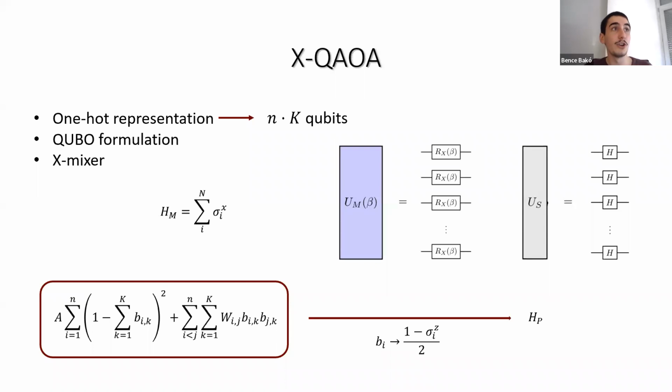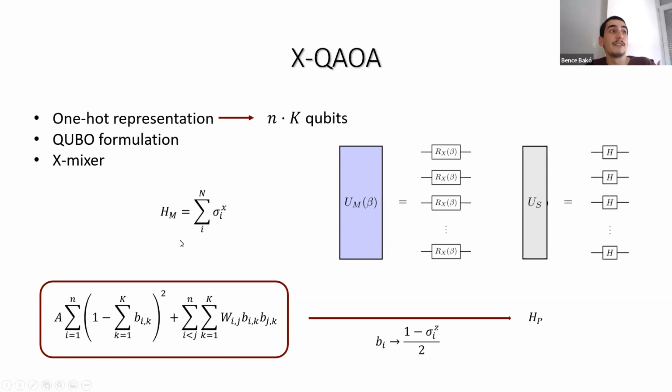Now, in the simplest version of QAOA, we use this one-hot representation and the corresponding QUBO formulation to construct our problem Hamiltonian. And we use a simple X mixer, which is simply the sum of Pauli X matrices over all qubits, which can then be exponentiated and implemented as Rx rotations with some beta parameter over all the qubits.